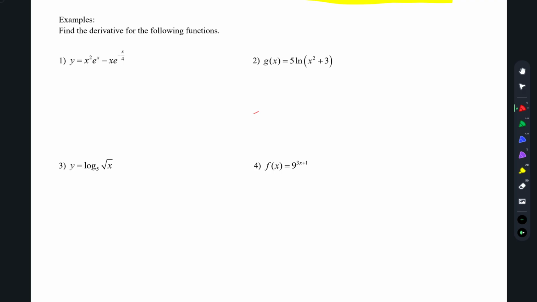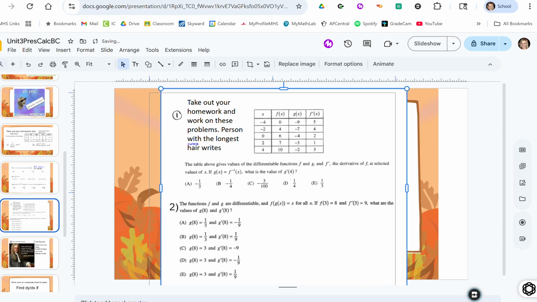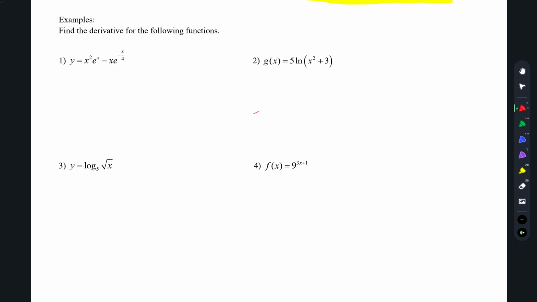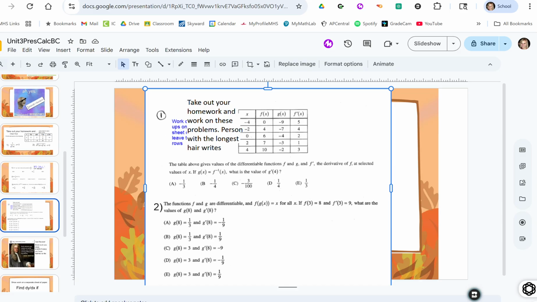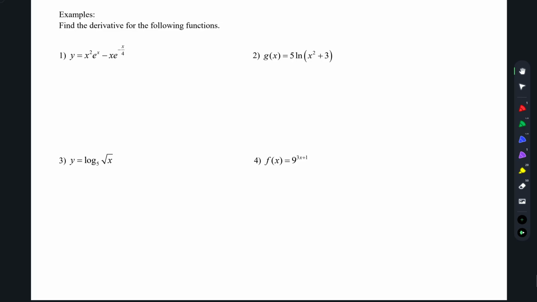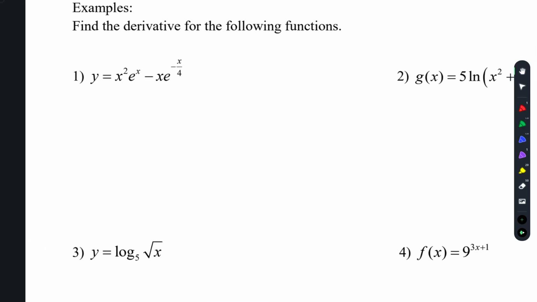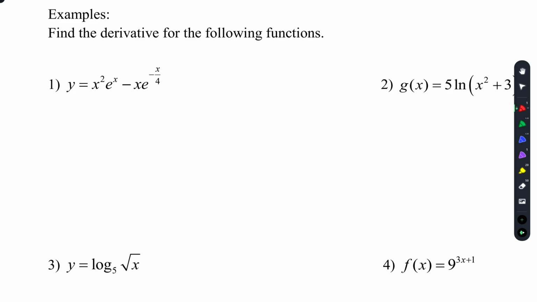Oh, shoot. Come on, you guys. Why isn't this working? Here, I'm going to close it and reopen it. Okay. Hey, there it works. Okay.